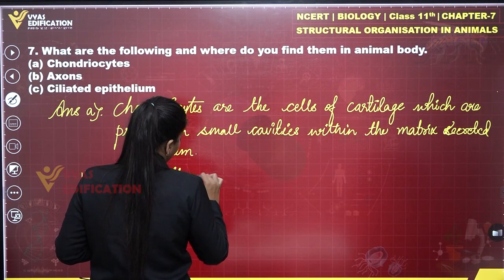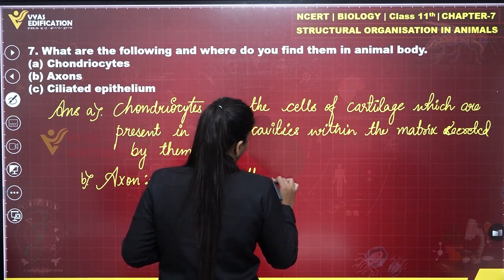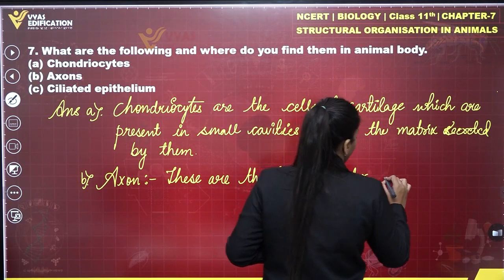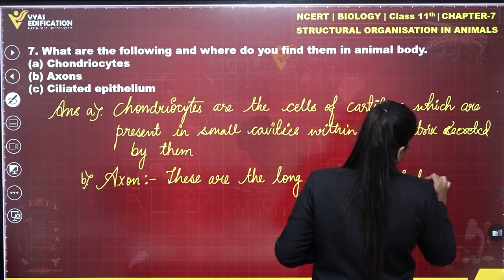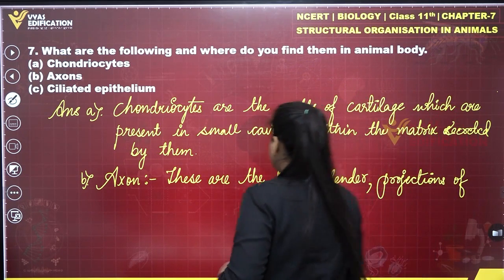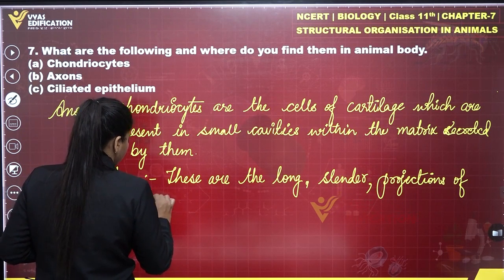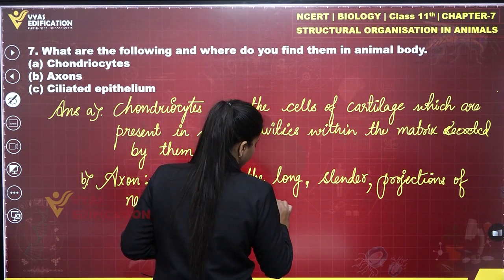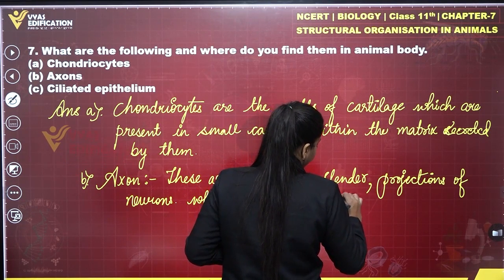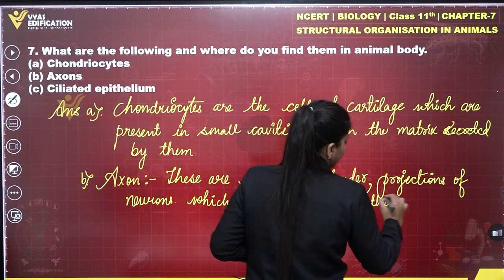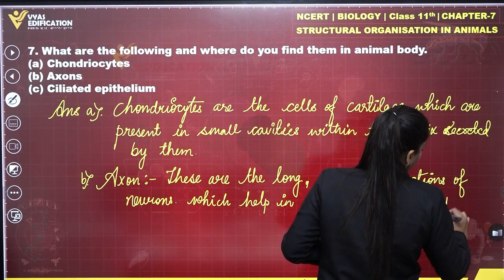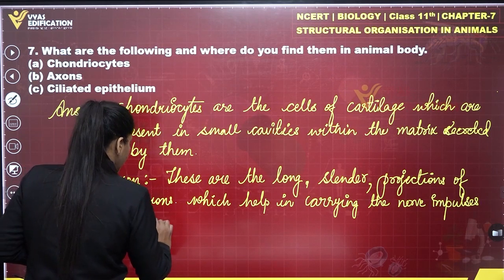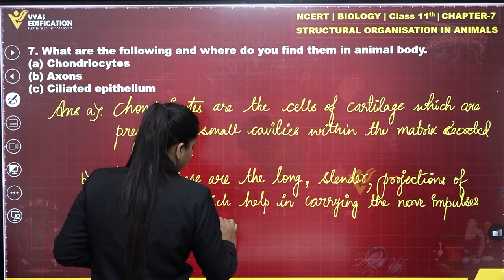These are the long, slender projections of neurons, right, which help in carrying the nerve impulses from the neuron body, right?